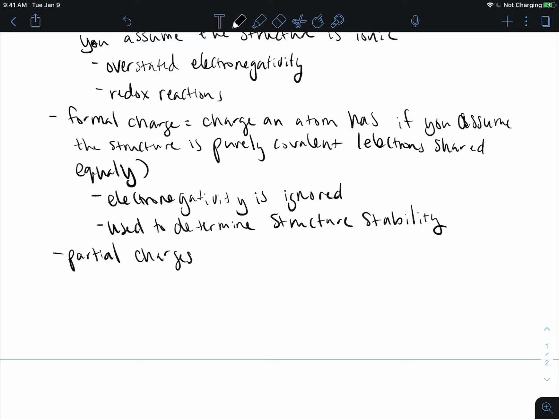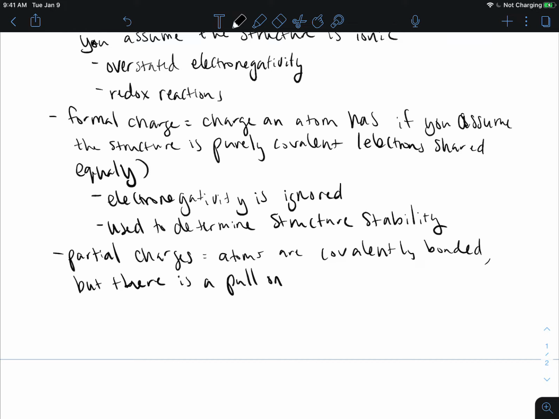So this is taking into account electronegativity. So here atoms are covalently bonded, but there is a pull on electrons by the more electronegative atom in a bond.